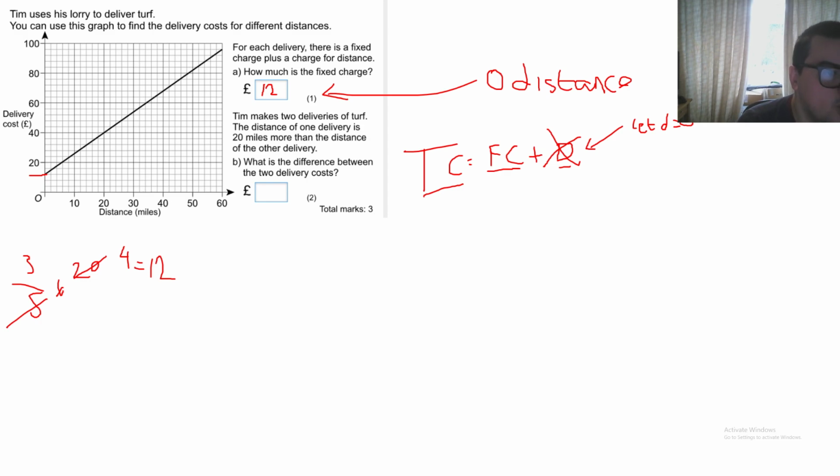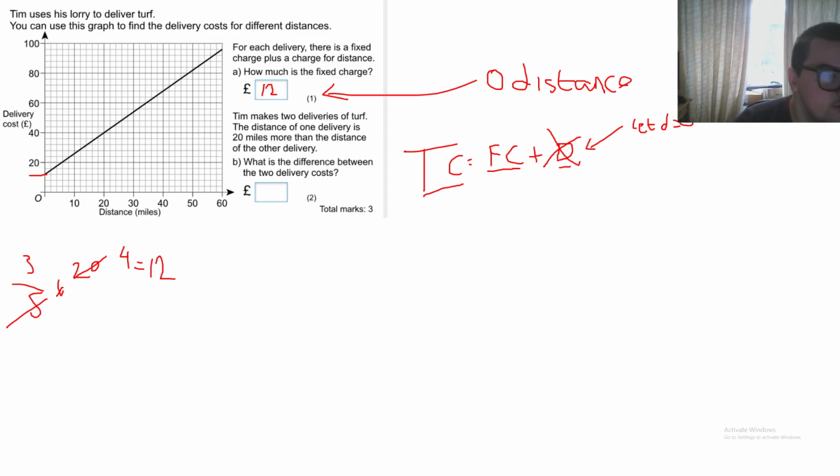Right, okay, so what we're going to do here, we're going to pick 2 points on the graph that are 20 miles apart, and we're going to work out what the costs are and then subtract them. We're not just going to pick any 2 distances though, we're going to pick 2 distances that go through nice points on the graph, so subtraction is easy.